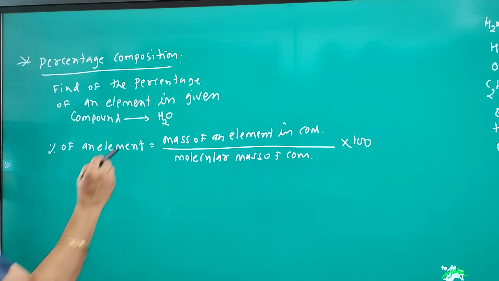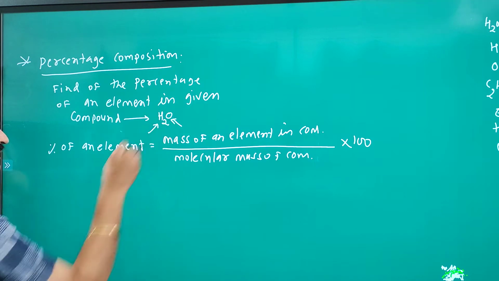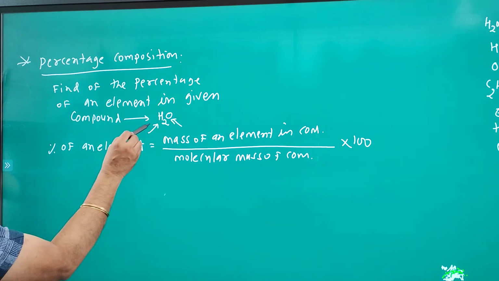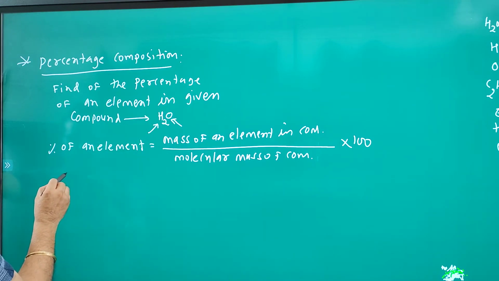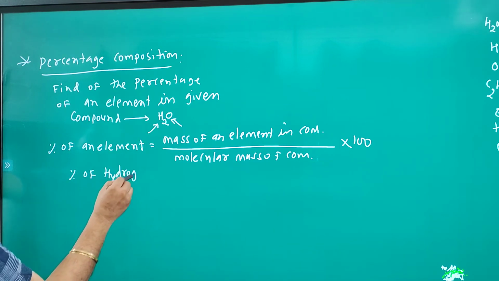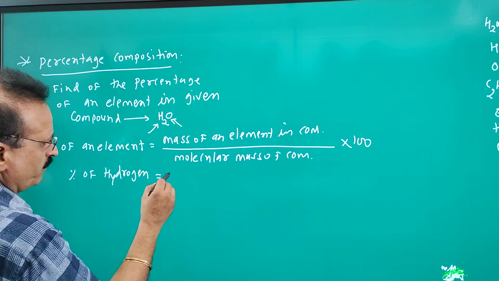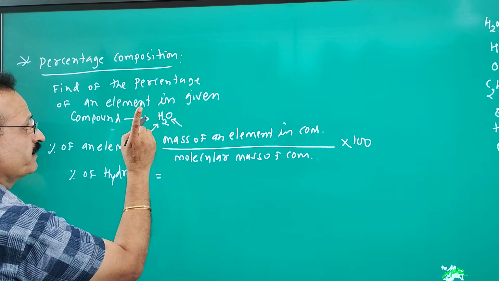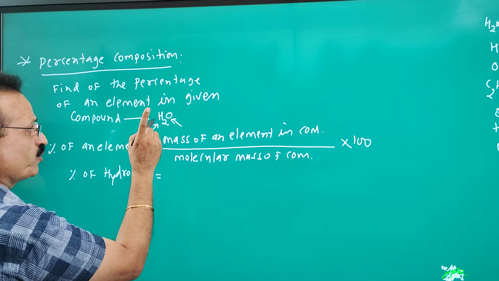So if you want to find the percentage of hydrogen and the percentage of oxygen in H2O, you will find them with the help of this formula. Suppose we are going to find the percentage of hydrogen in H2O. So percentage of hydrogen is equal to the mass of the element. The mass of hydrogen is 1.008 and there are 2 atoms of hydrogen.